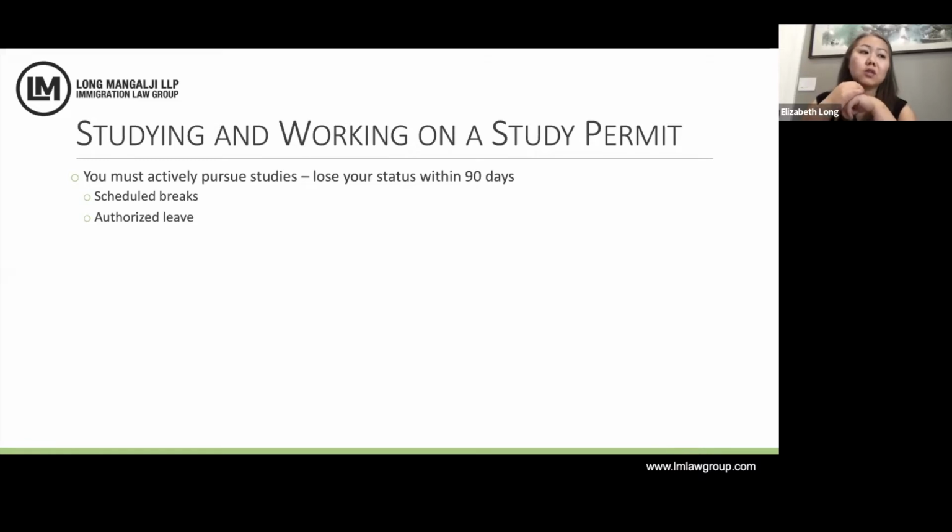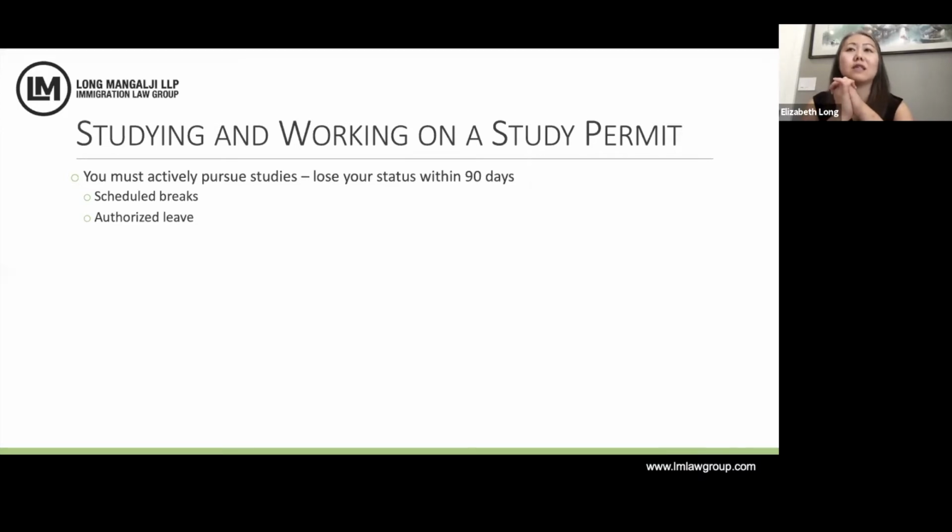You can stop studying and still actively pursue studies if you are on a scheduled break, like your summer breaks, anything that's on the academic calendar, or you have authorized leave. Authorized leave is basically special leave given by your school for special reasons, for example, medical reasons or special personal reasons, and you have to get special permission from the school to give you authorized leave.